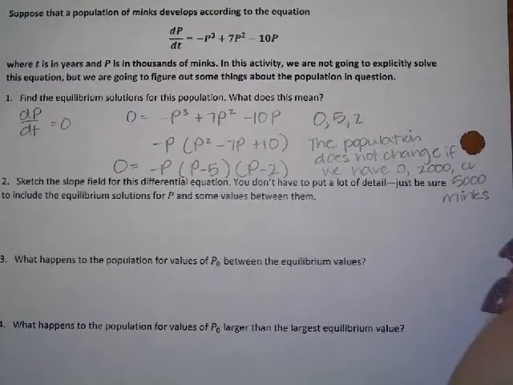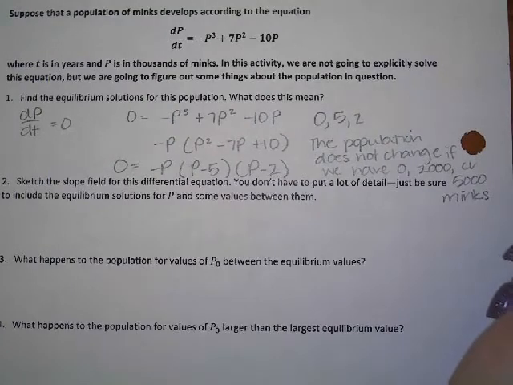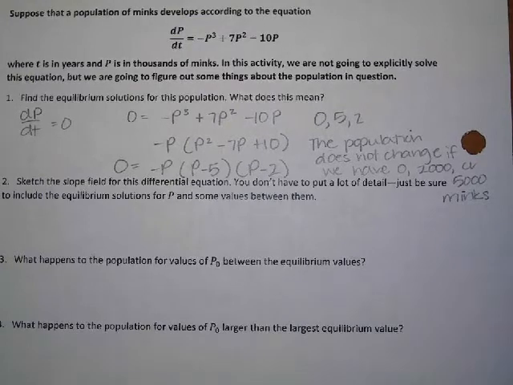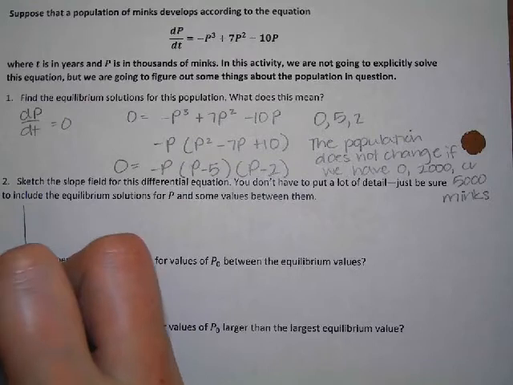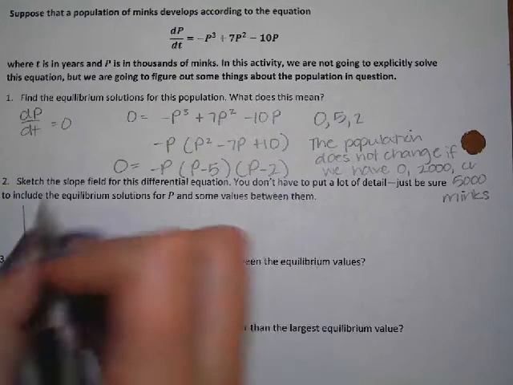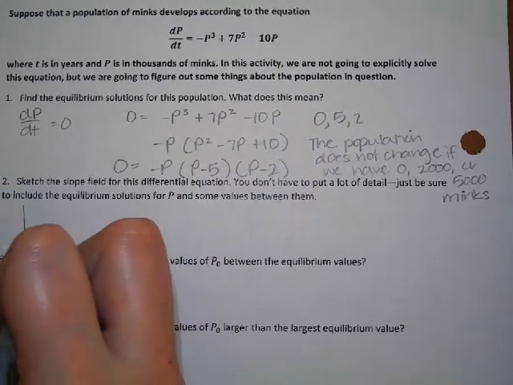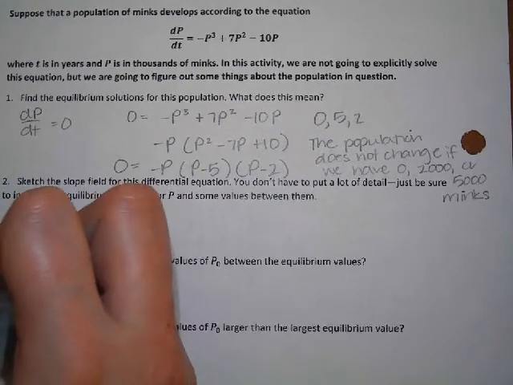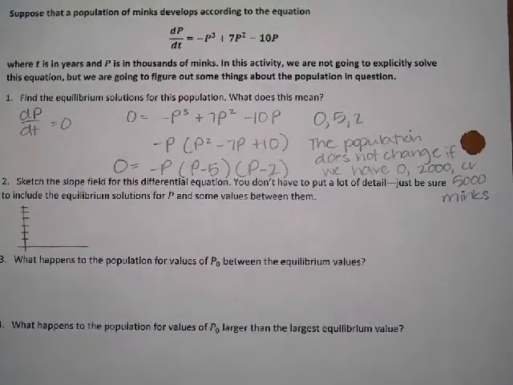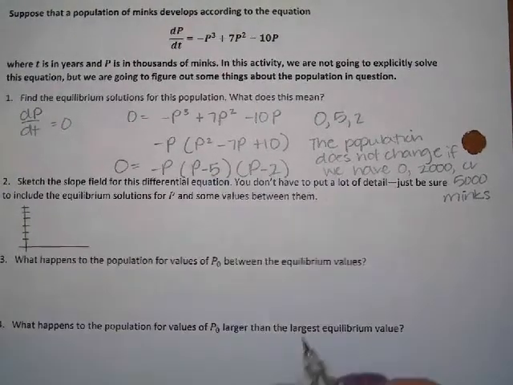All right. So sketch the slope field for this differential equation. You don't have to put a lot of detail. Just be sure to include the equilibrium solutions and some values in between them. So we're going to go ahead and draw a little slope field. I'm just going to say 0, 1,000, 2,000, 3,000, 4,000, 5,000, 6,000 so that we can do everything a little bit above and below.